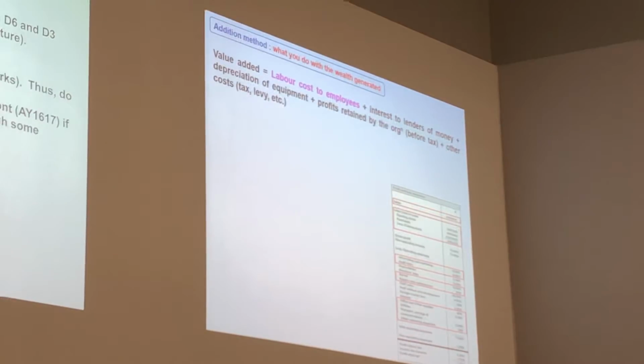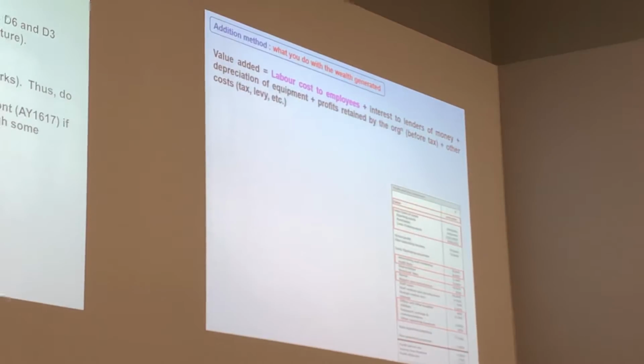If I add back all the things that I used to spend away all my wealth generated, it must add up to the value added, am I right? Yes. If I give you $5 and I give you $10, if I add back $5 and $10, that's $15, that will be the money that I have, am I right? So you can actually calculate how much value added by adding back all the money that I splurged away.